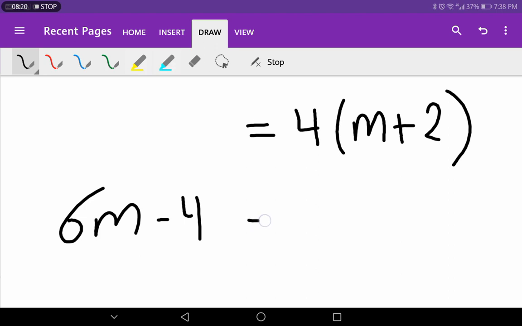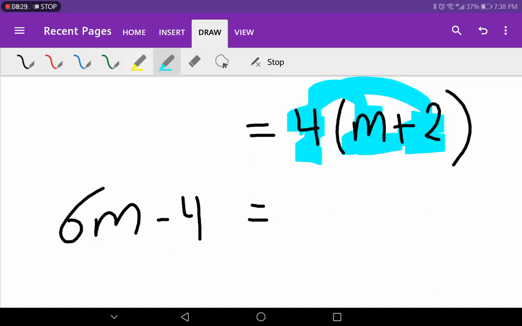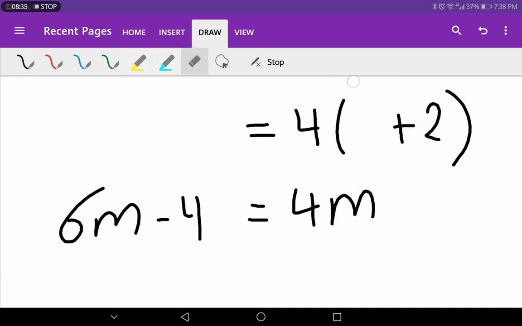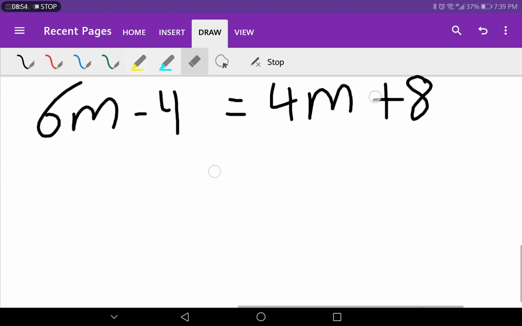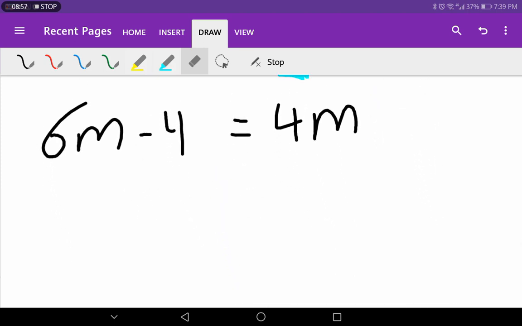Now we go to the other side, and this guy must visit this guy and this guy. Let's go. 4m, we are done with m, and now we multiply this by this, and this is equal to what? 8. Remember, is it positive 8 or negative 8? Positive 8, so you have to write positive 8 like this. Okay, let us continue.